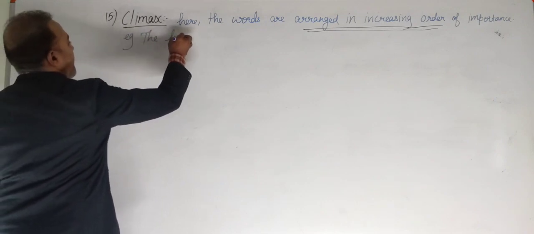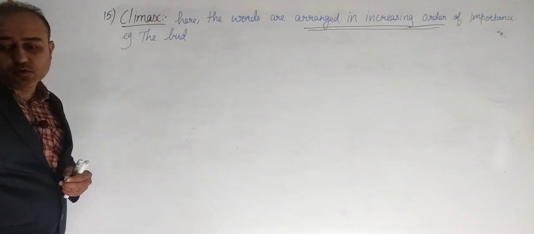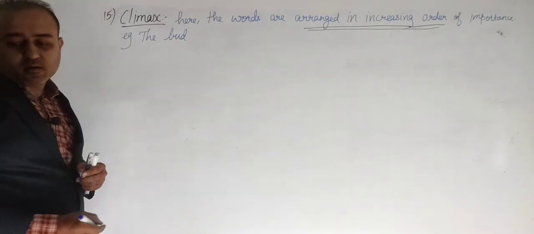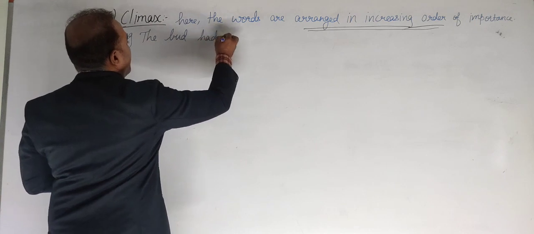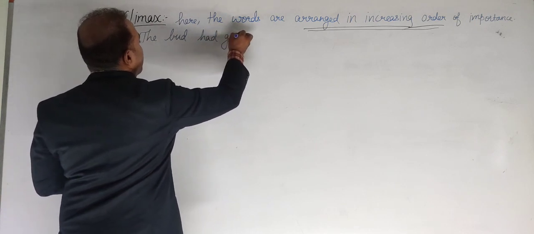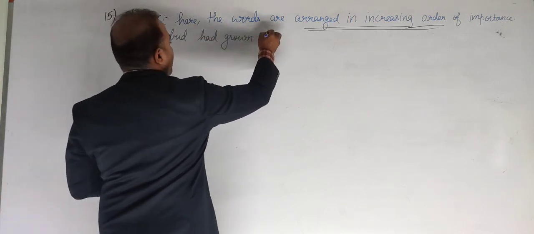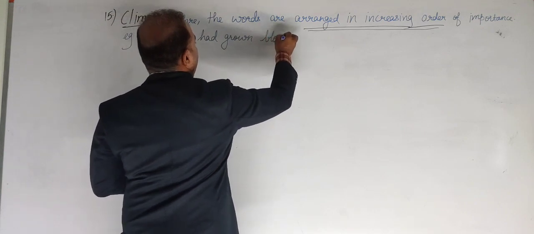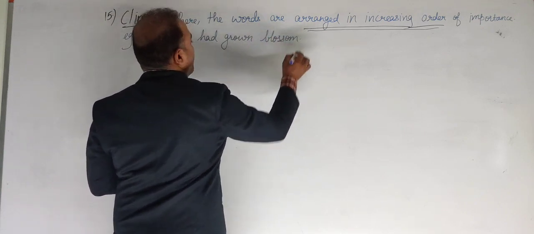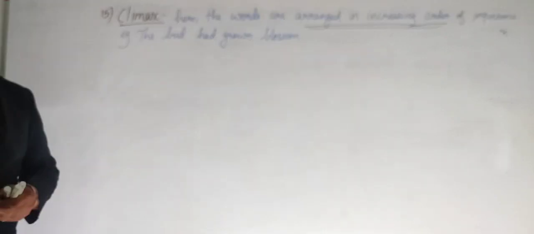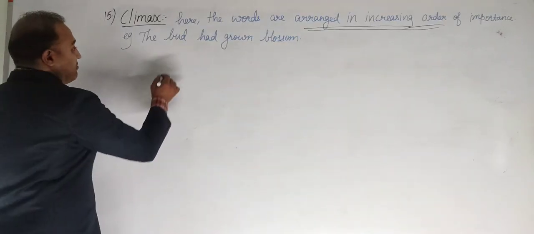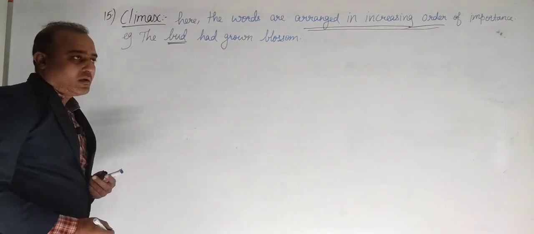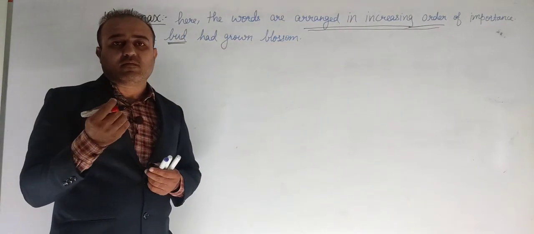The bud had grown blossom. Okay, the bud had grown blossom. So here bud means what? Usually we see flowers.